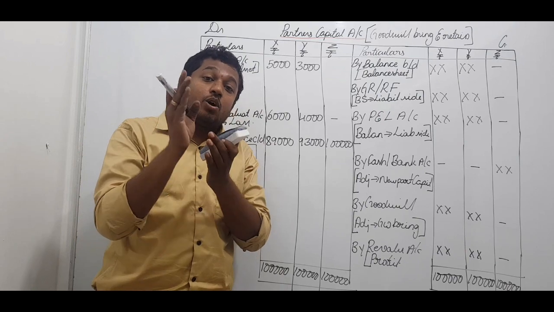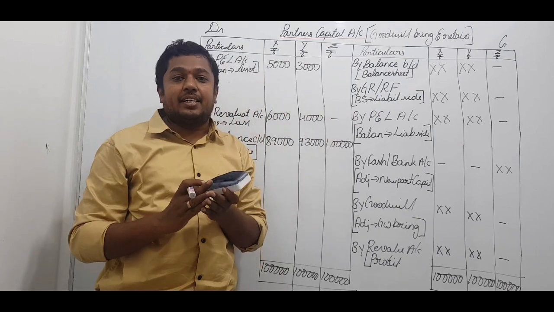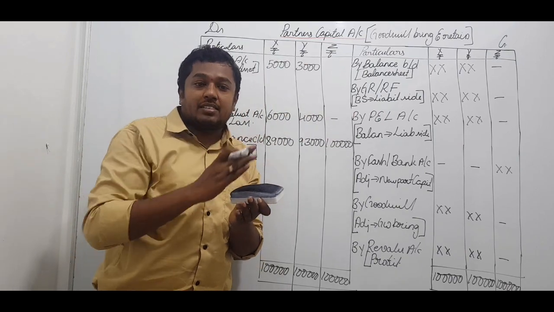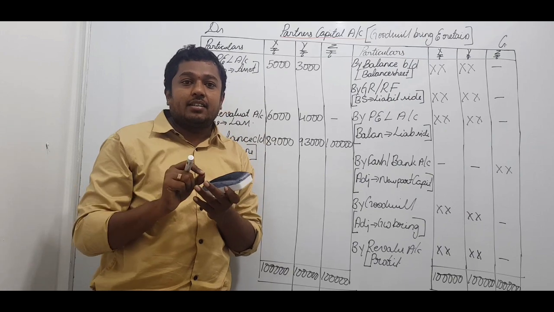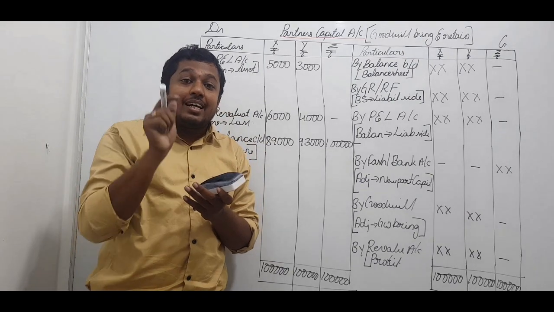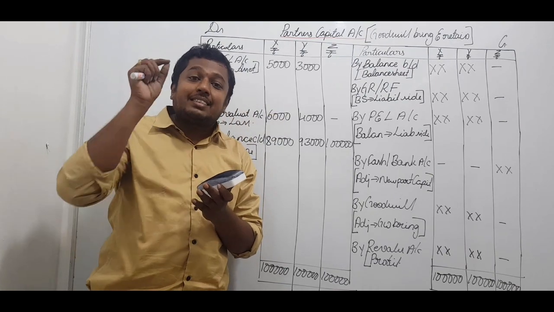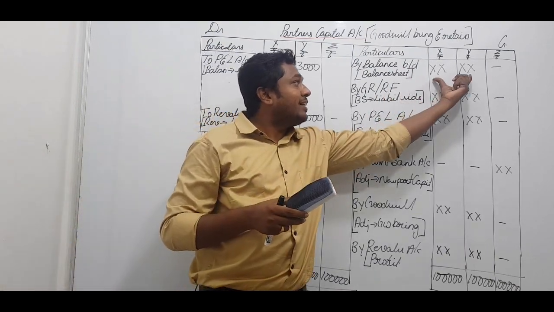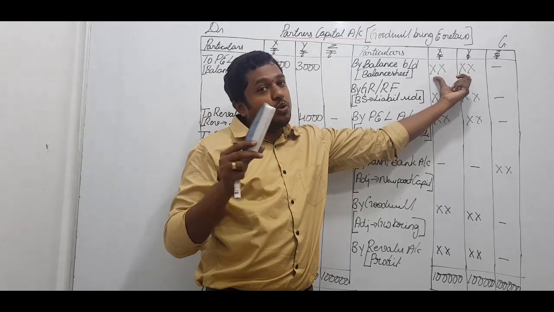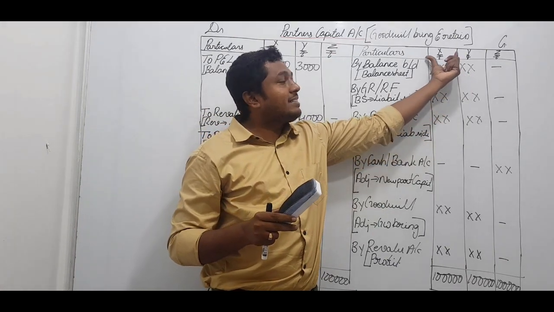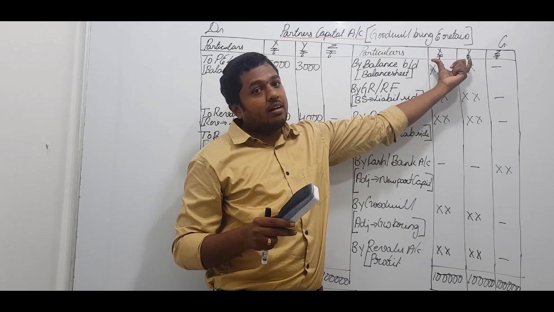In the balance sheet, look at the liability side. Under the liability side, you can find capitals, capitals of only old partners. Such capitals should be written here. I have taken 2 partners as an example, X and Y. These 2 are old partners.